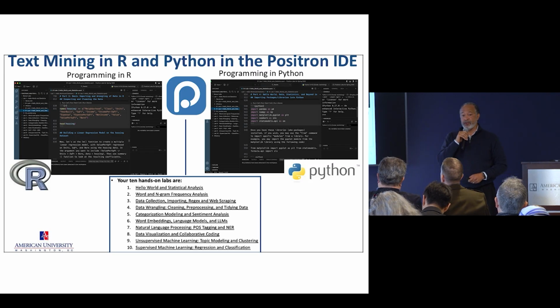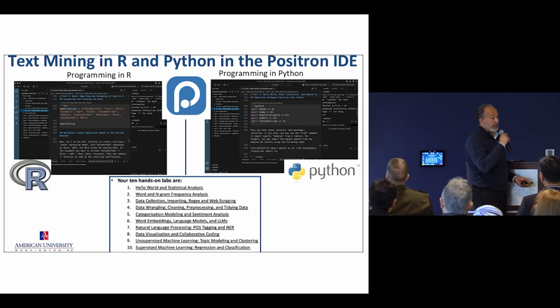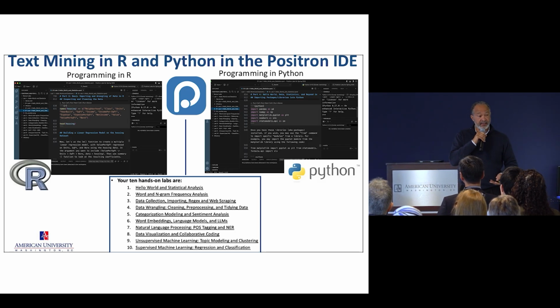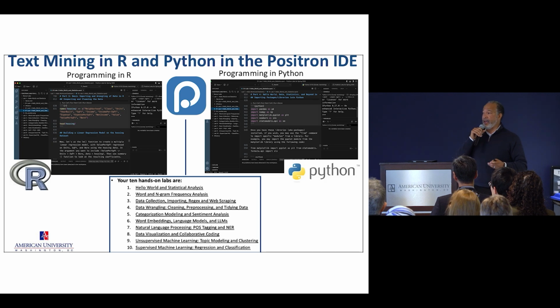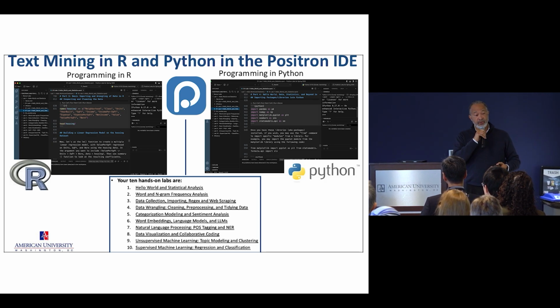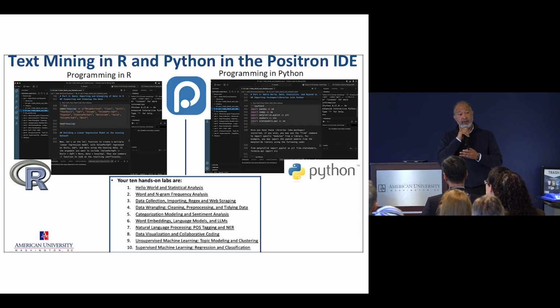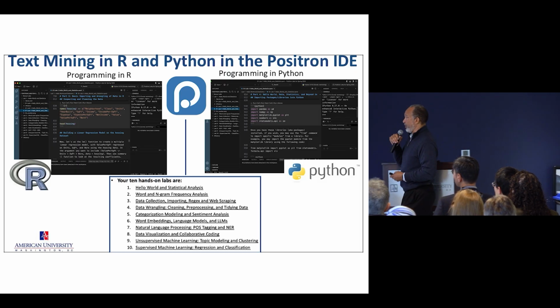The course is always focused on programming, using the open source languages R and Python to do large-scale text analytics. It's a very powerful approach. We welcome students who don't have any programming knowledge into the course, and we scaffold them up to being confident and competent programmers.